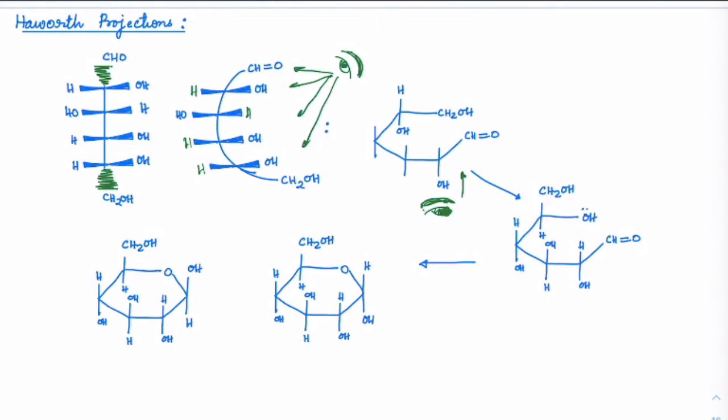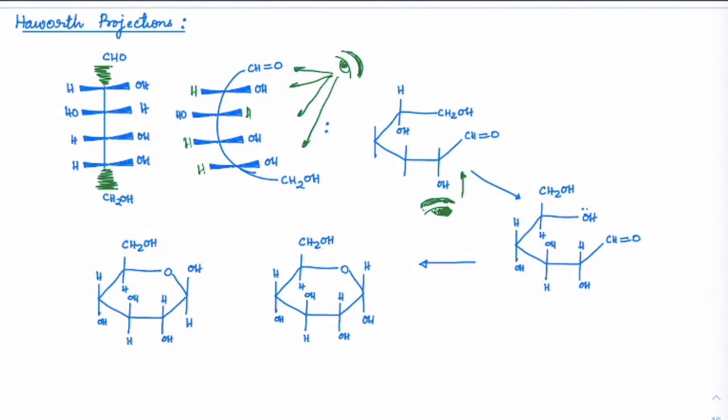Now you are watching towards this side. As you are watching towards this side, this CHO which is present here, from that, this backbone has been bent this way. So the rest of all this OH and H will keep going up and down here. That means all the horizontal groups have become vertical, and this vertical now has become a horizontal group.